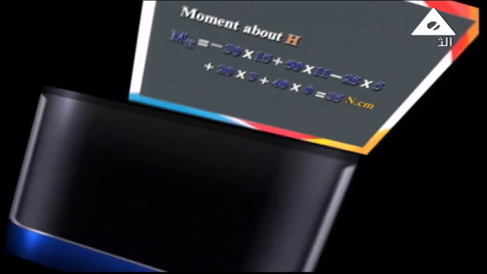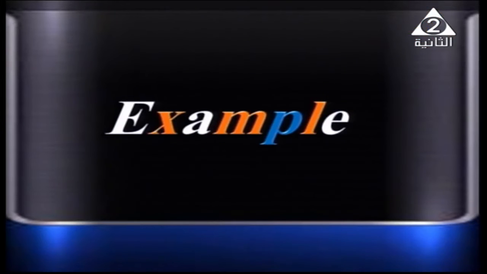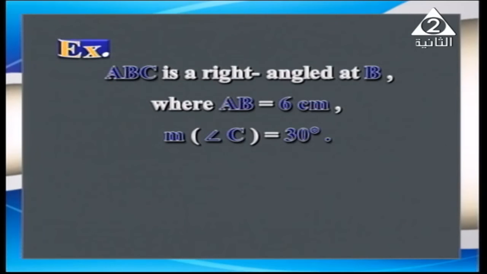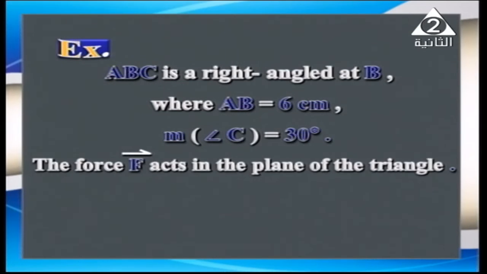Another example. ABC is a right angle triangle at B, where AB equals 6, and the measure of angle C equals 30 degrees. The force F acts in the plane of the triangle.